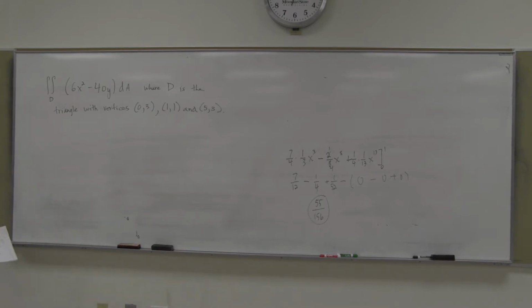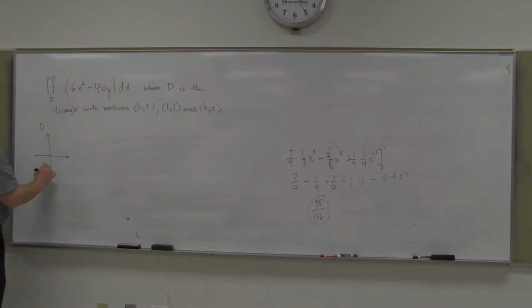So this one is not at all clear. It doesn't even give me functions, it just gives me a triangle. Again, I would highly recommend drawing out D in these particular cases.